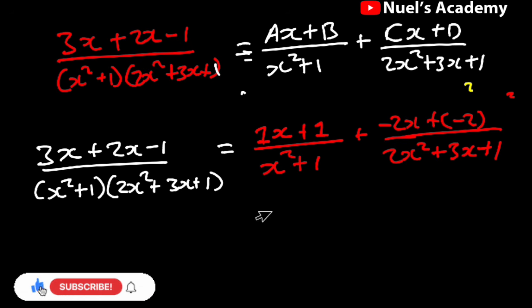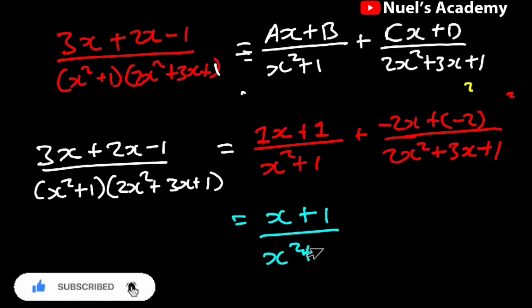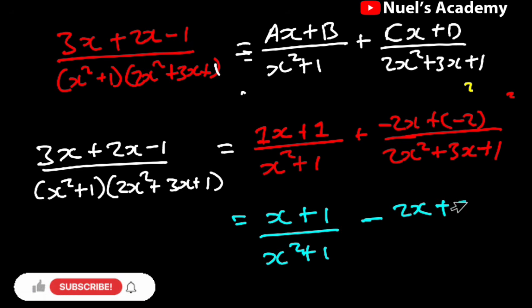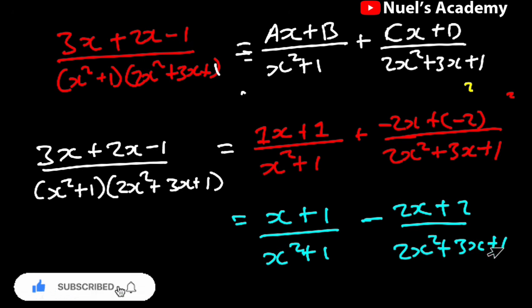So the final answer is x plus 1 divided by x squared plus 1, then minus 2x plus 2 divided by 2x squared plus 3x plus 1. So this is the answer to this question.